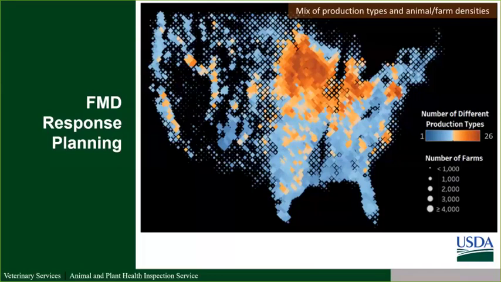Looking at each county and knowing how many premises and how many animals are on those premises, you can play with throwing a ring around each of those to see what it would look like if an outbreak started in the northern part of Texas, for instance, versus the east, west, or southern, and what the average number of animals within a ring would be.